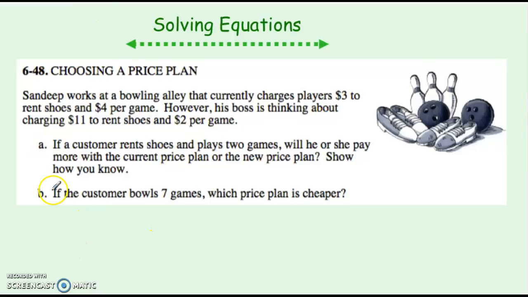Okay, so I'm going to start with the current price plan. Call it CPP, current price plan. If players are charged $3 to rent shoes and I play 2 games, I'm going to rent shoes, that's $3, and then $4 per game.